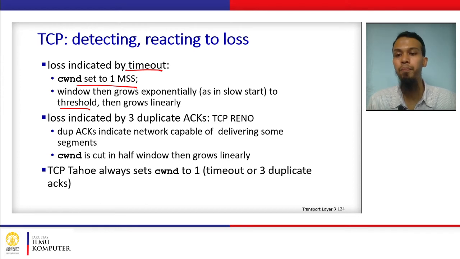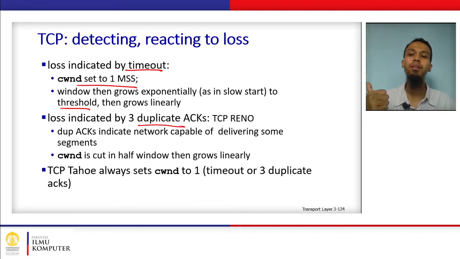But for TCP Tahoe, it's always set to 1, in both cases, either for the loss indicated by timeout, or if the loss is indicated by 3 duplicate ACK.